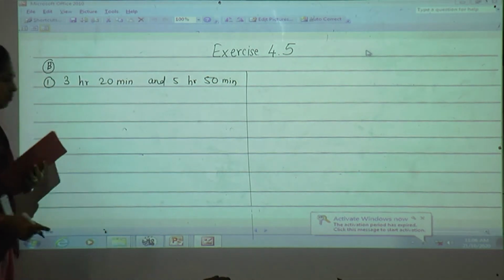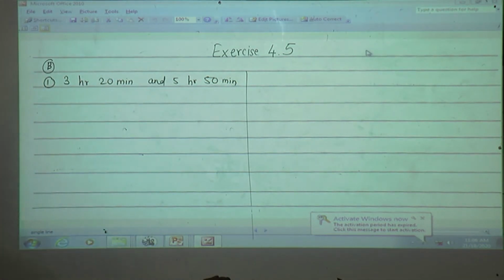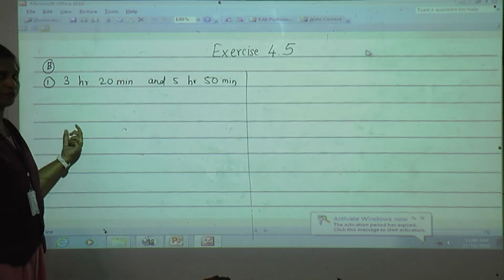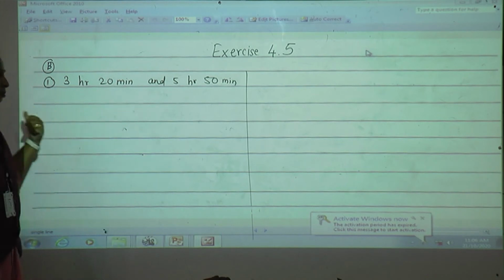Now students, always remember that whenever you see the word difference, you have to do subtraction. And while doing the subtraction, always keep in mind that you have to subtract the smaller from the greater.